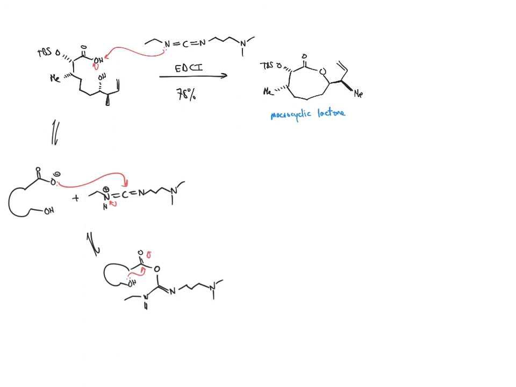And so when I do that, what do I generate? I generate an intermediate that looks like this. So I'm going to say this alcohol is going to attack the carbonyl carbon to give me an intermediate that looks like this.